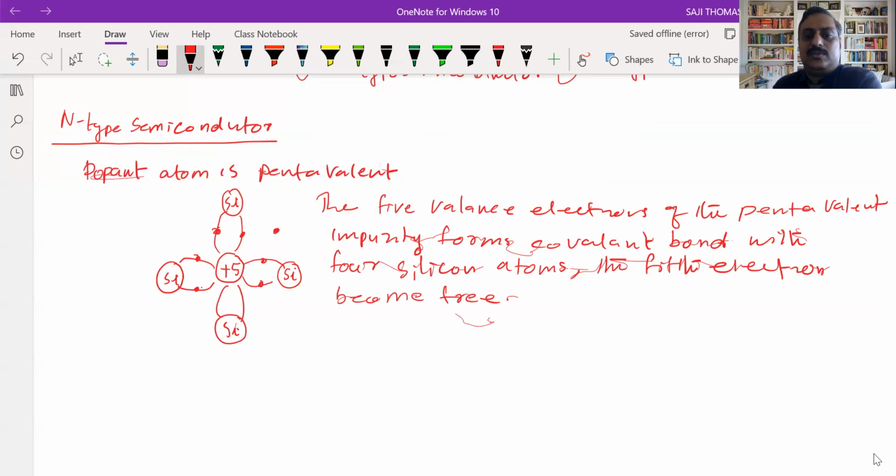In addition to such electrons, electrons and holes are generated thermally.